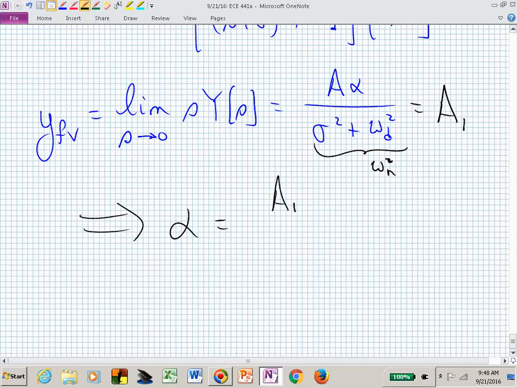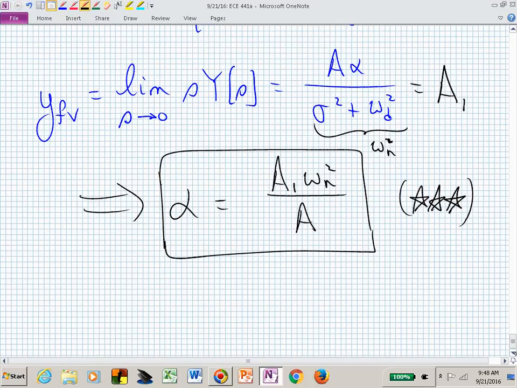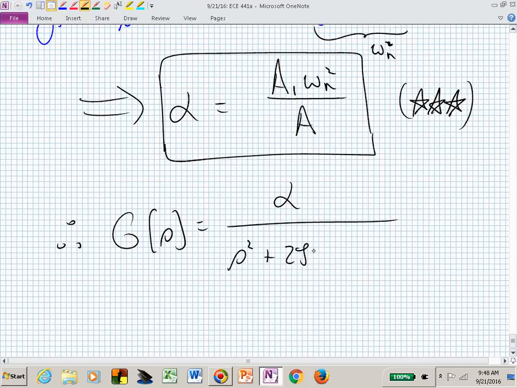So if we solve that for alpha, we have A1 times omega sub n squared over A. And all of that was obtained experimentally, meaning now we have our transfer function of a pure second order system, that's alpha over s squared plus 2 zeta omega sub n s plus omega sub n squared.